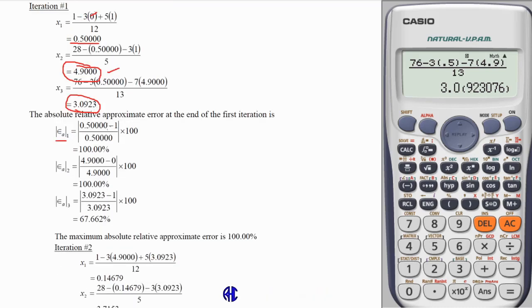Simply, kailangan natin i-compare yung bagong nakuhang value ng x sub 1 sa initial condition. Then, divide natin sa bagong nakuha. So, for example, ito yung 0.5 na bagong nakuha ng value ng x sub 1 minus sa old value ng x sub 1 all over sa bagong value ng x sub 1, times 100. So, 0.5.